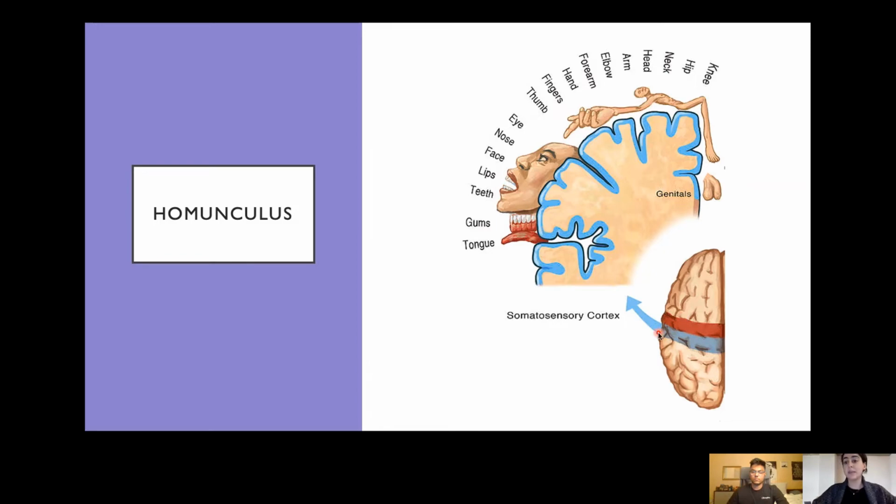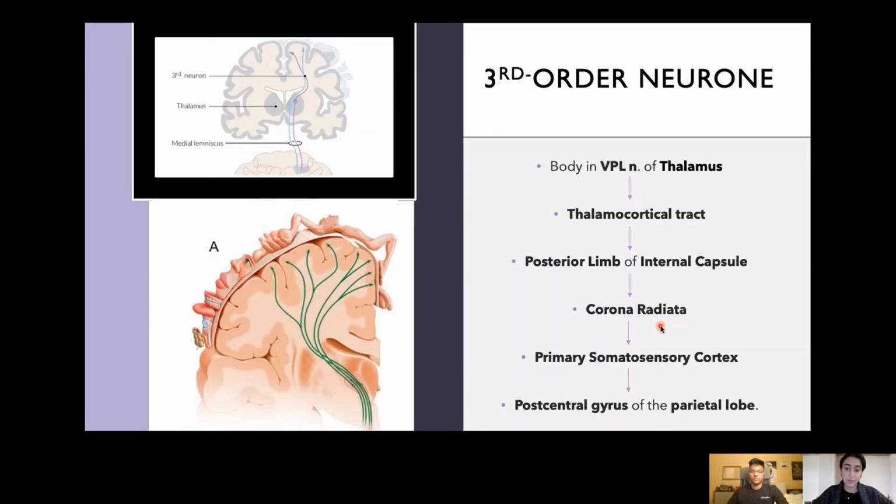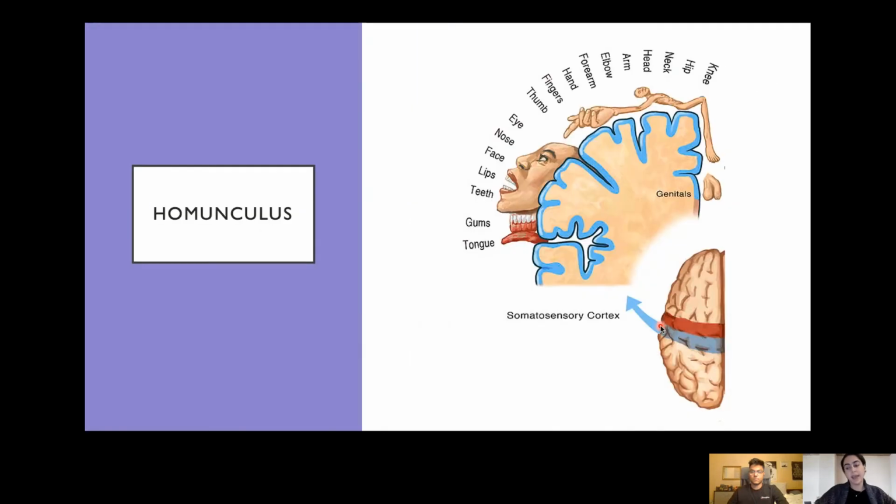If there is a stimulus from your index finger, the third order neuron will end up somewhere here. So this is the homunculus. And one more thing, the somatosensory cortex is depicted by blue color here, and it is in the parietal lobe, posterior to the central gyrus, the postcentral gyrus. Thank you very much. That was my part.